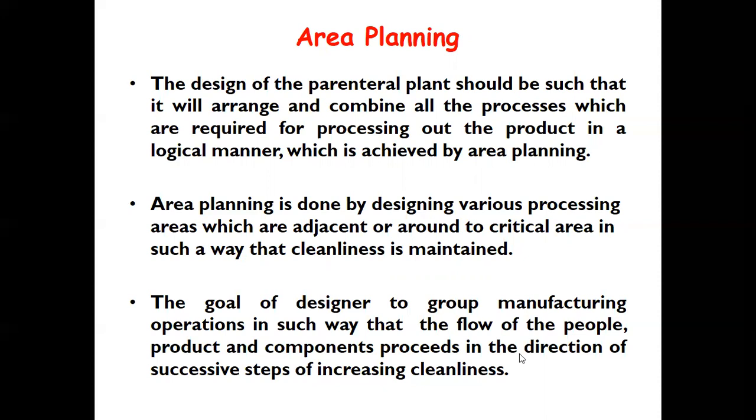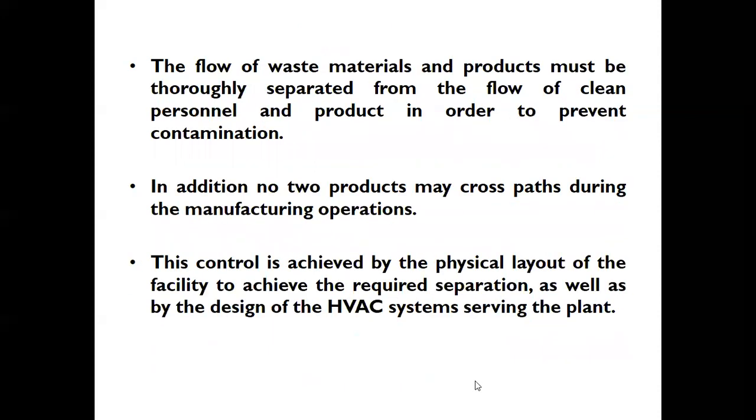The goal of the designer is to group manufacturing operations in such a way that the flow of the people, product and components proceeds in the direction of successive steps of increasing cleanliness. The flow of waste materials and products must be thoroughly separated from the flow of clean personnel and product in order to prevent contamination.